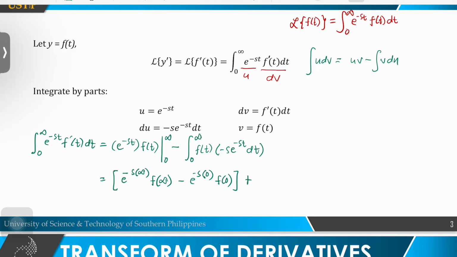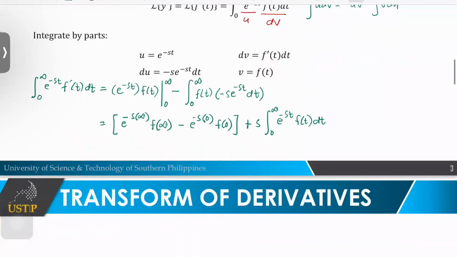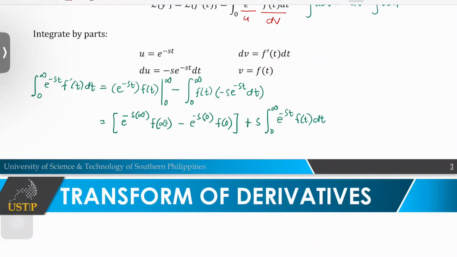So we have plus s times the integral from 0 to infinity of e to the negative st f of t dt. We know this already, we solved this before. This one will be 0 and this one will be 1.